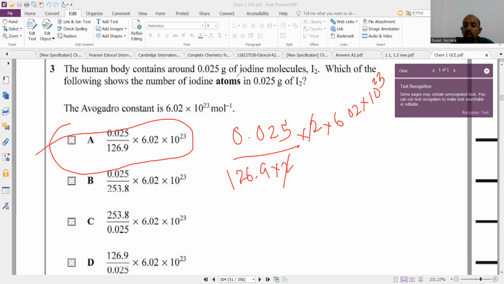Yes, sure. So here, the number of moles, first part. They are saying iodine molecules. So molar mass of iodine is 126.9. So molecule will be into 2.